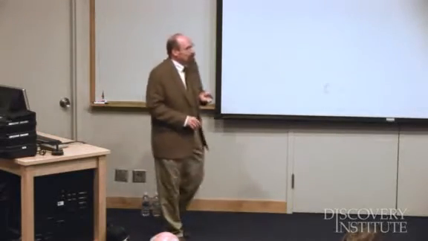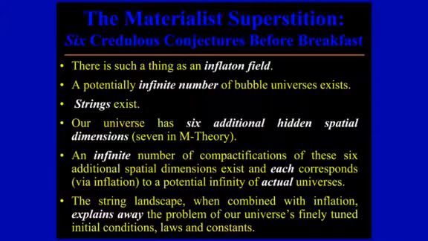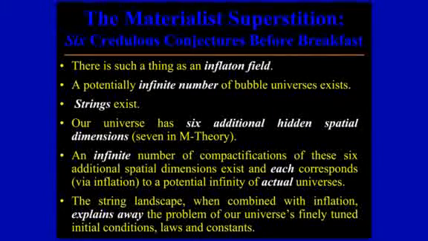But there are some other, well, first of all, let's take stock of where we are. And I suggest, you know how in Alice in Wonderland they talked about believing six impossible things before breakfast. I suggest we have six credulous conjectures before breakfast here. There is such a thing as an inflaton field, which we don't know for sure. It's a postulate.